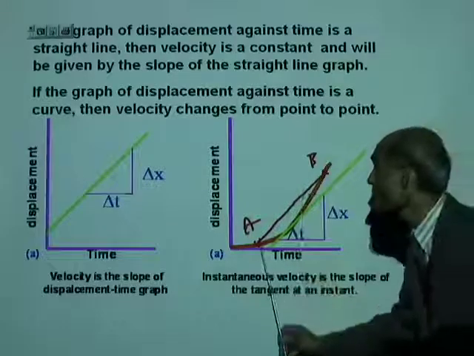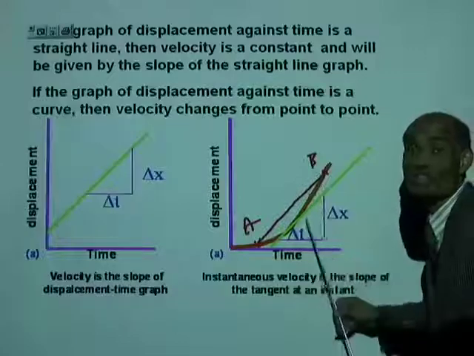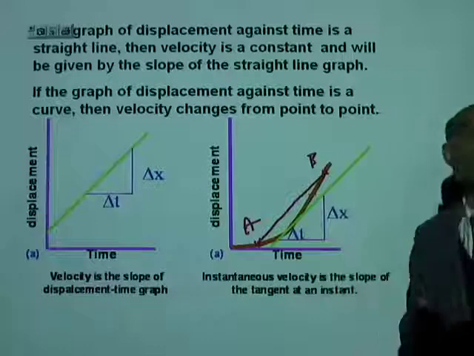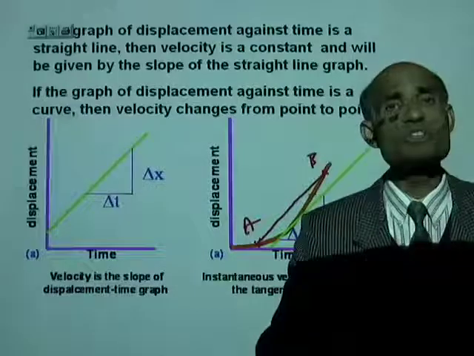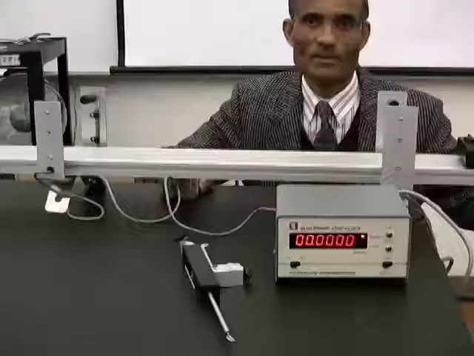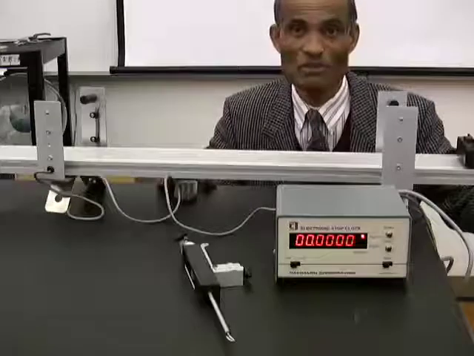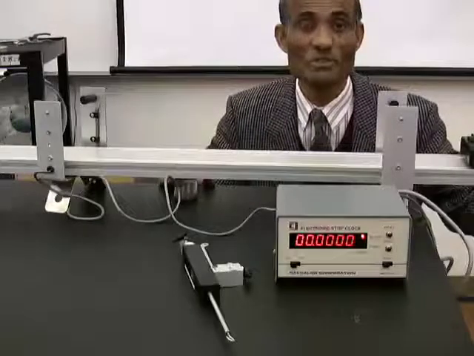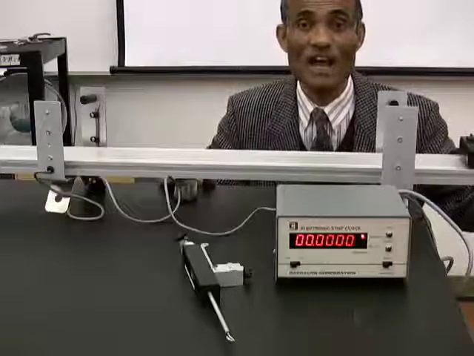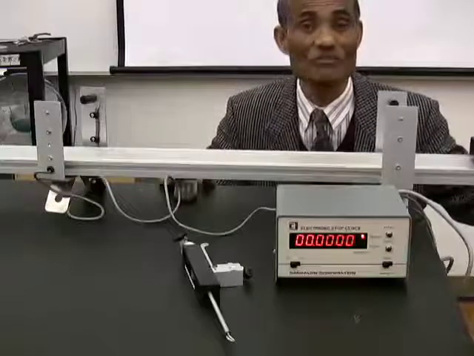Now understand the difference between average velocity and instantaneous velocity. Okay, I think we can now use these concepts to solve problems. Before we start solving problems, I would like to demonstrate to you the difference between average velocity and instantaneous velocity.